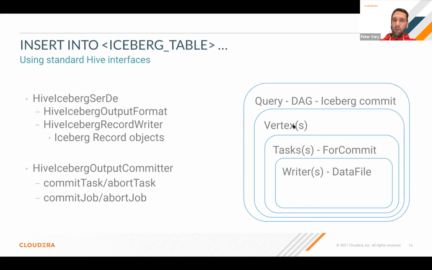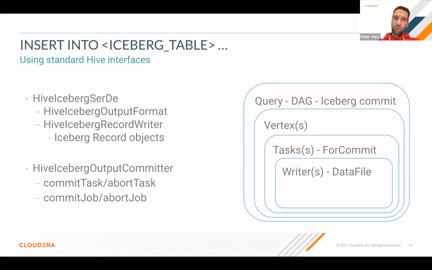And when the vertex and the query is finished, or in the MR case, when the job is finished, we create an Iceberg commit, which reads all of these for-commit files. Basically, it commits the changes to the Iceberg table.